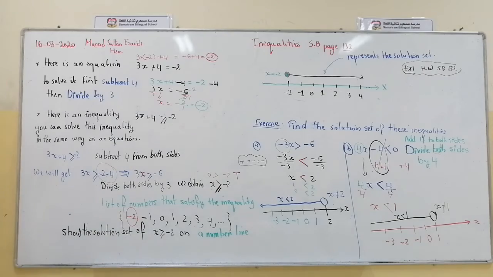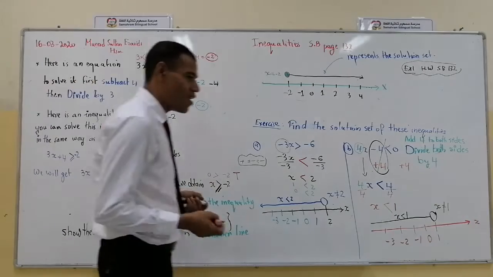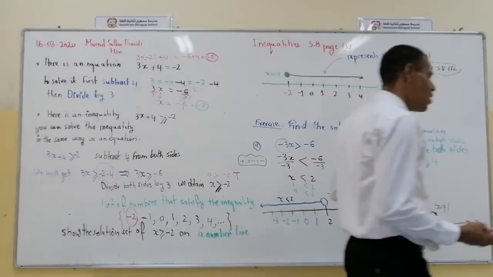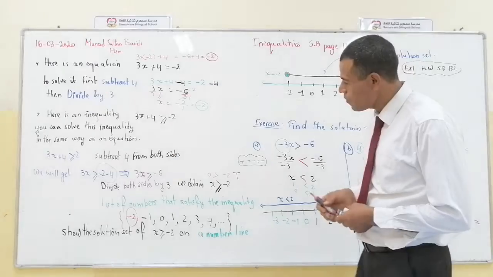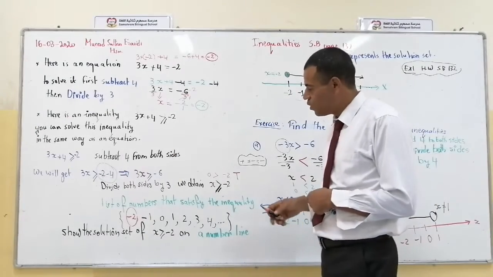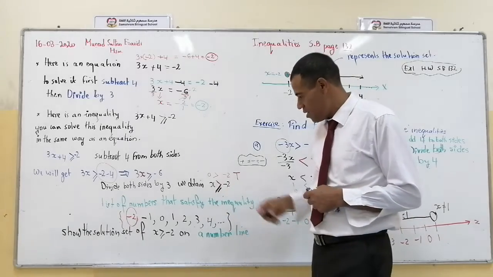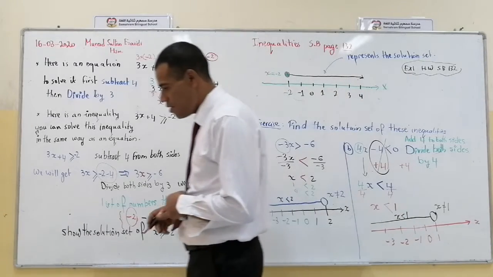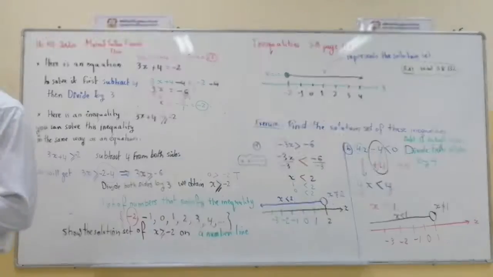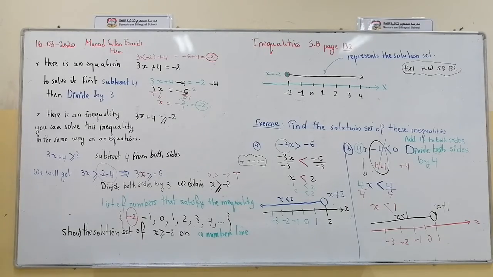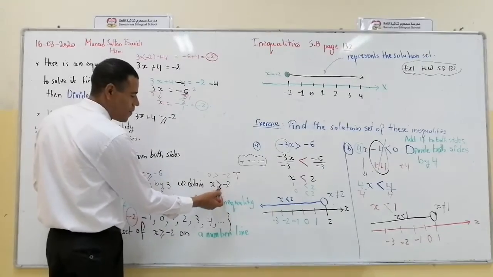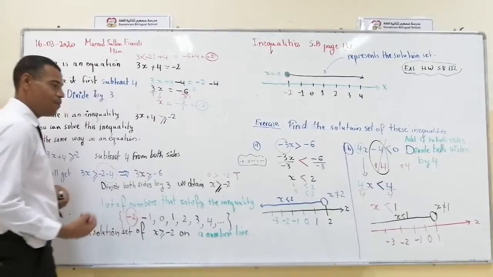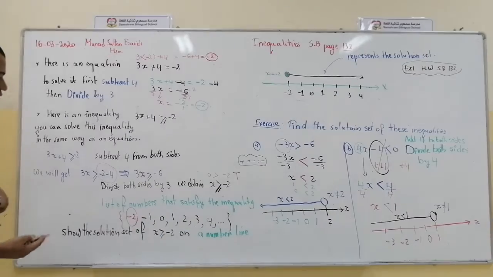So, here I will try to list all the numbers that satisfy my inequality. Who can give me numbers that are greater than negative 2? Okay, negative 2 can be included. Why? Because x is greater than or equal. Okay, I will take equal first, then I will try to find numbers which are greater than negative 2.